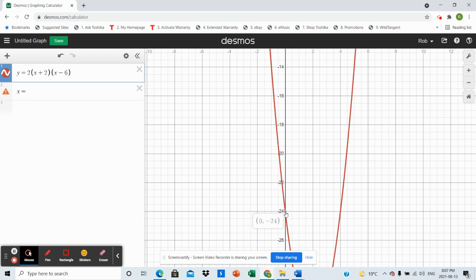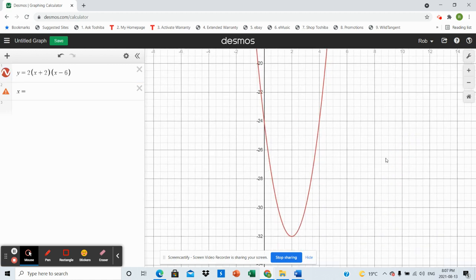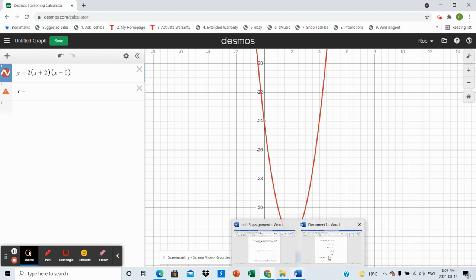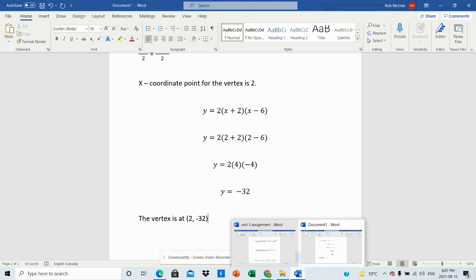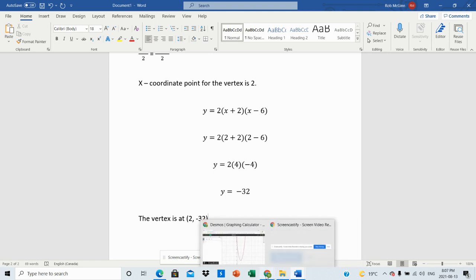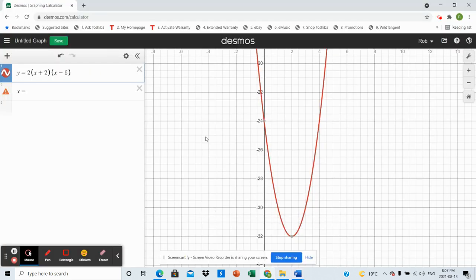That's where our parabola crosses the y-intercept, or y-axis. And then finally, if we come down here, it says, hey, our vertex was 2 and negative 32. If we want to double check, oh yeah, vertex 2, negative 32. So we found all of this information from that equation, and we just verified it here.